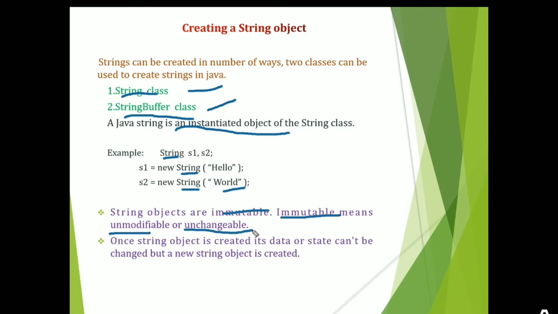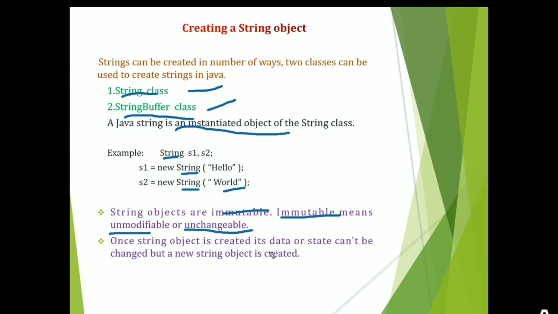Once these are created, they cannot be changed. Here you observe s1 is assigned with hello, and s2 is world. After this, within the program, we cannot change them. Normally, variables or objects can be changed, but when we are creating strings by using the String class, they cannot be changed because the String class creates immutable strings.